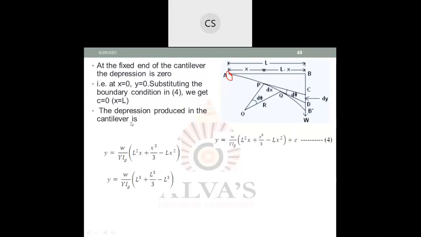So x value, substitute it as L. Then the equation becomes L square into L. So x cube is L cube, minus L into x square, that is L cube. So therefore you will get depression y is equal to W into L cube divided by 3YIg.